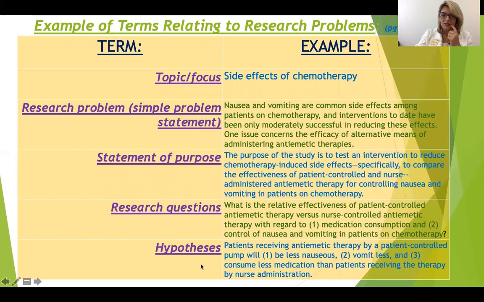Okay, so this is the different way of wording your research topic versus your research problem versus the statement of purpose, like why you're doing this study, versus what your actual study is within the research question, and the hypothesis, what you think is going to happen.